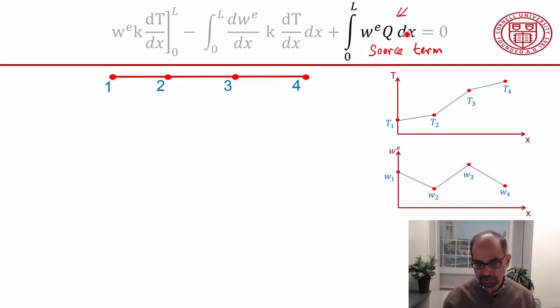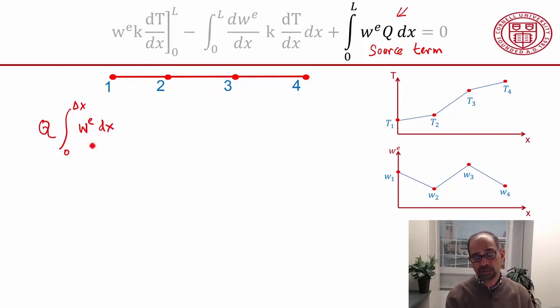And if we integrate this term, we have to do the integration again element by element. Let's do it over the first element. I can take q out of the integral, and I'll say 0 to delta x, so delta x is that distance, times the weighting function times dx.